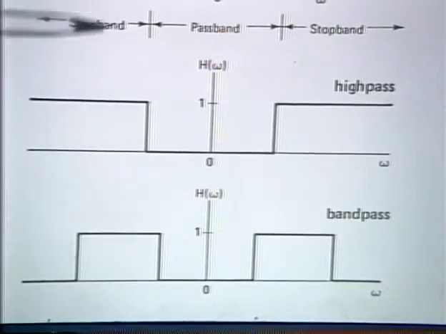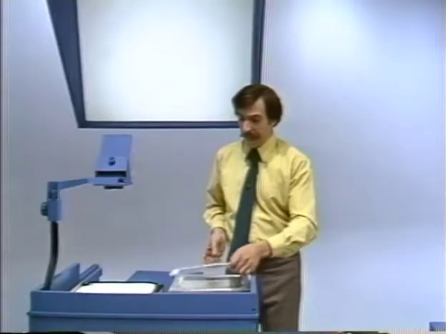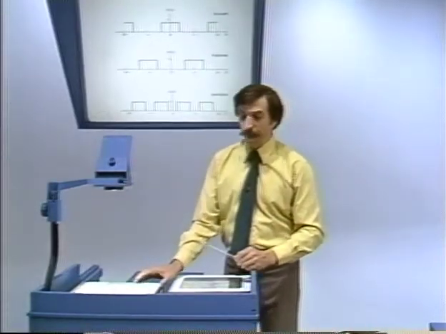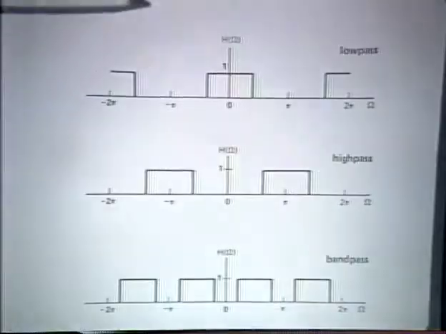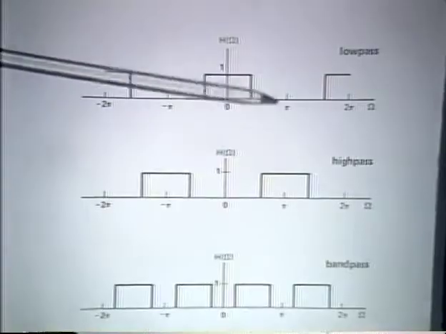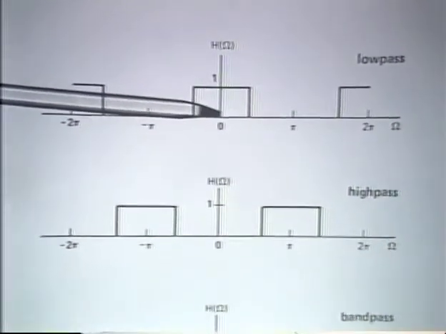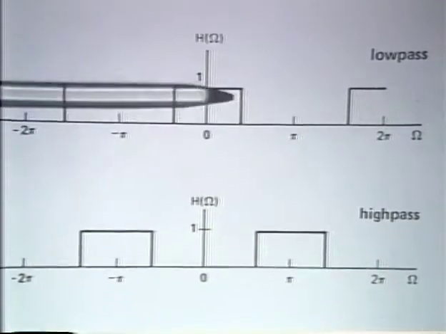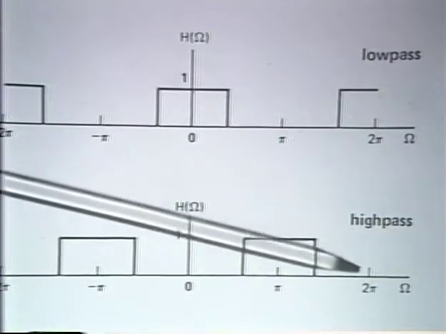Now, this is what the ideal filters look like for continuous time. For discrete time, we have exactly the same situation. Namely, we have an ideal discrete time low-pass filter, which passes exactly the low frequencies. Low frequencies, of course, being around 0, and because of the periodicity, also around 2 pi. We show also an ideal high-pass filter.